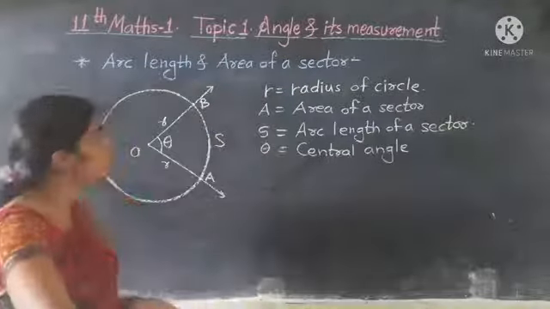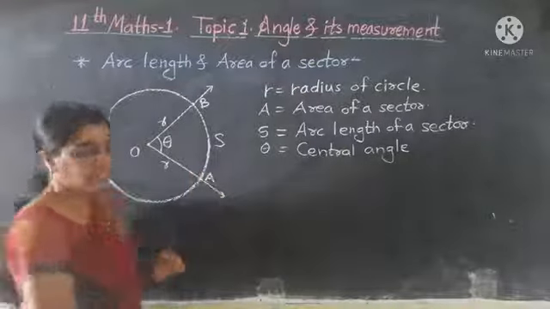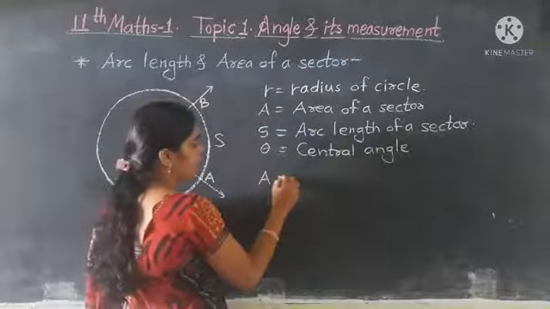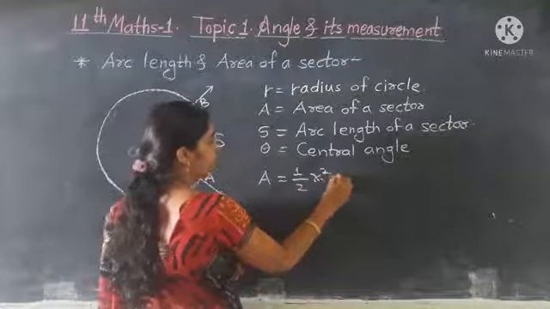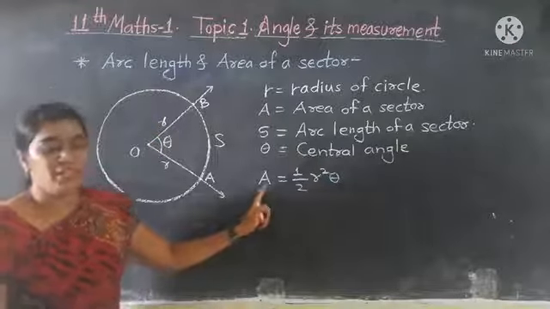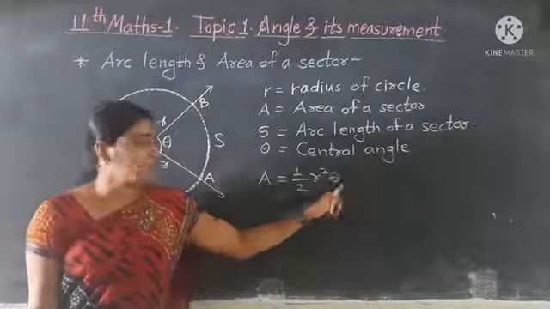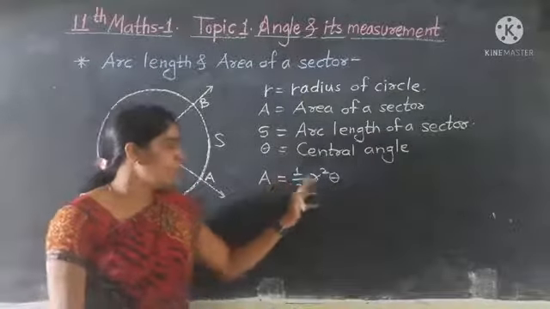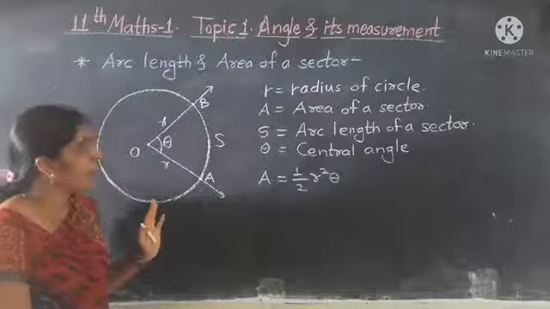From this, students, we define first the area of sector. The formula is A is equal to half R square theta. This is the formula for finding area of sector. Area of sector A is equal to 1 upon 2 into R square theta. A is the area of sector, R is the radius and theta is the central angle.